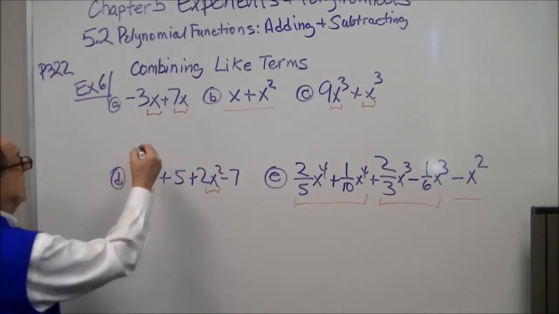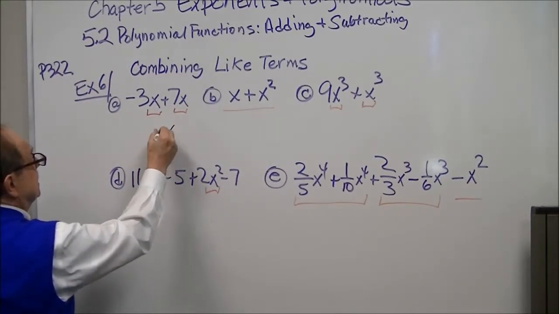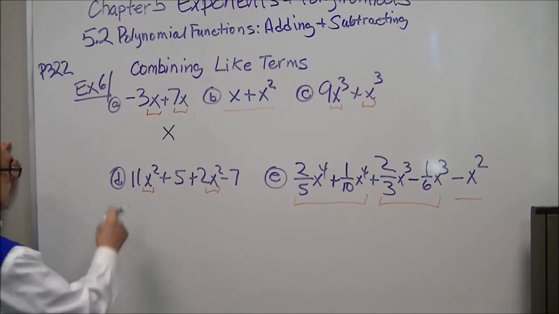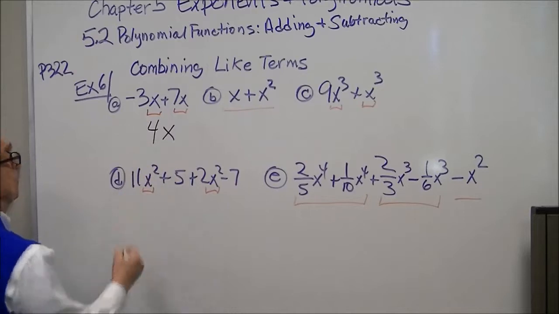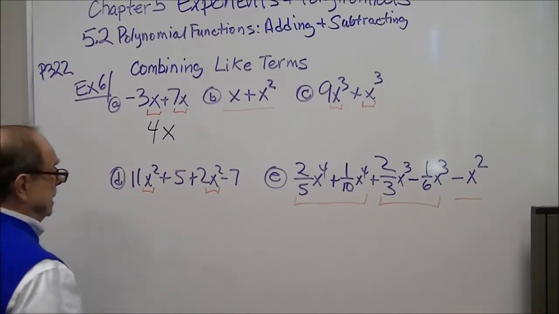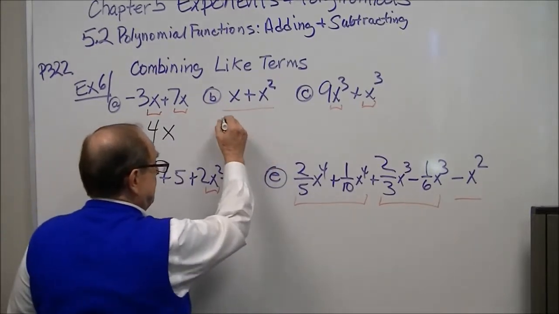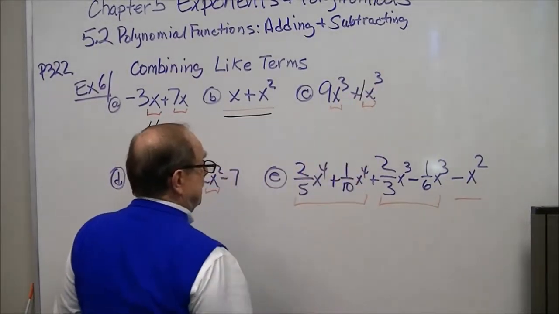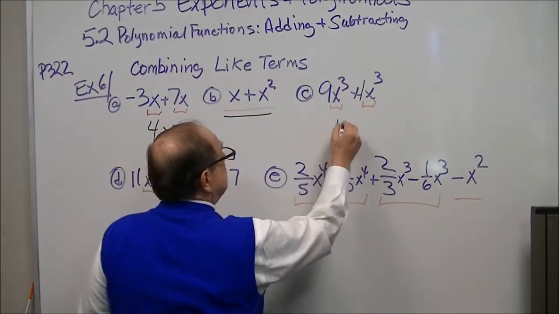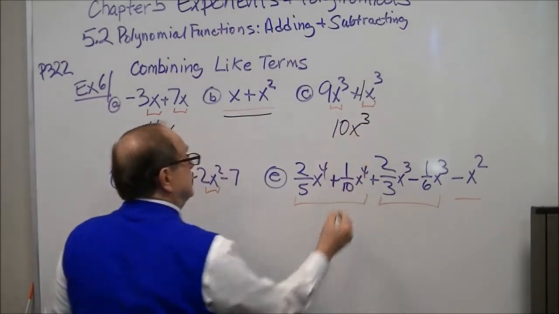The variable stays the same. So that's going to be an x. So a -3 and a 7 give me a 4. This we can't do. That's as far as you can go. Now remember, there's a 1 there. So this gives me a 10x cubed.